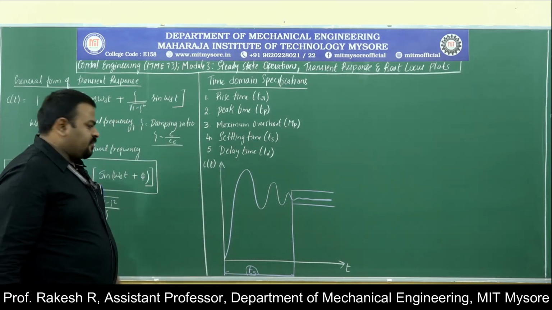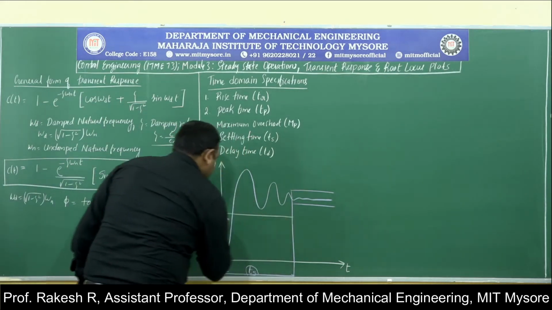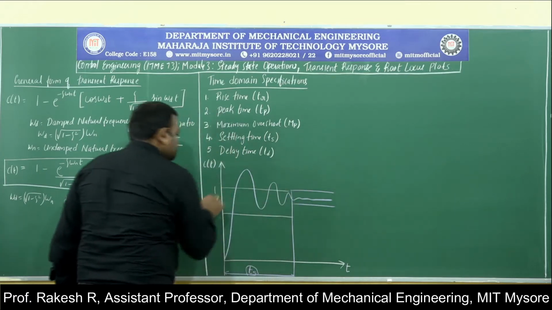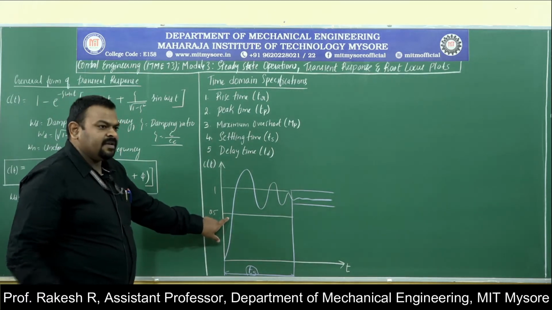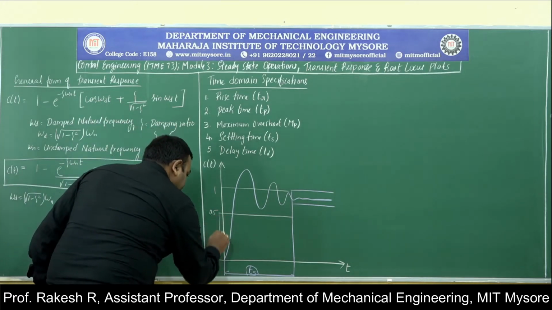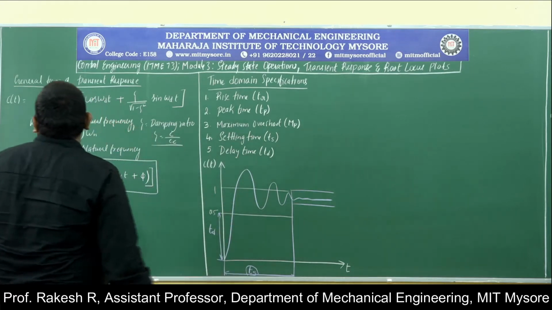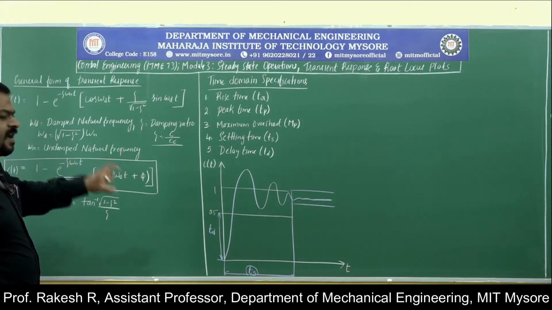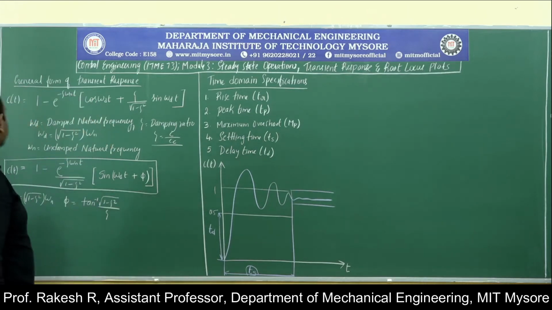Here the outputs are quantified into two values: one is 0.5 and another one is 1. The time required to reach 0.5, that is half of its final value, is the delay time, known as T suffix d.